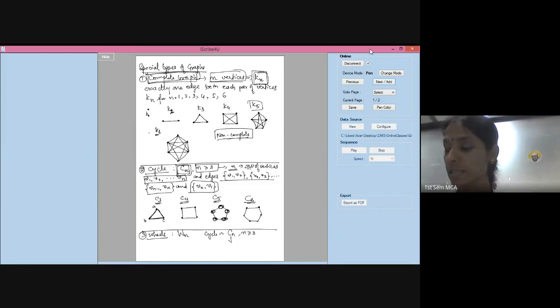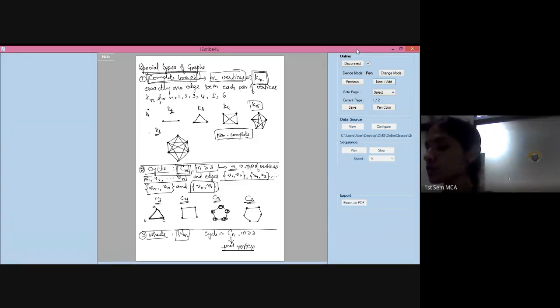Now to this cycle, we will add an additional vertex, and all the n vertices will be attached or joined to this new vertex. What we get is nothing but your wheel Wn. Let me take an example so that it becomes clear to you.